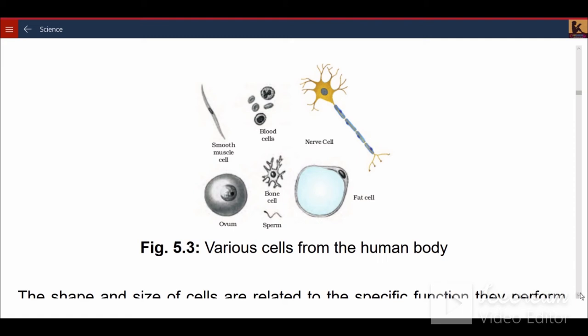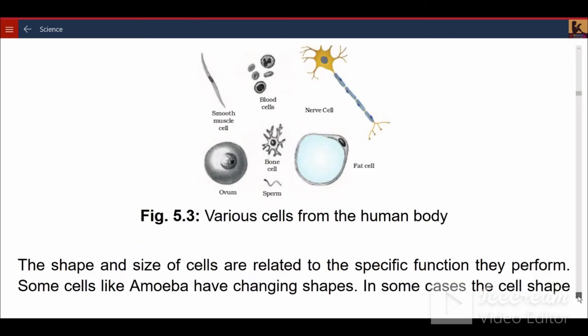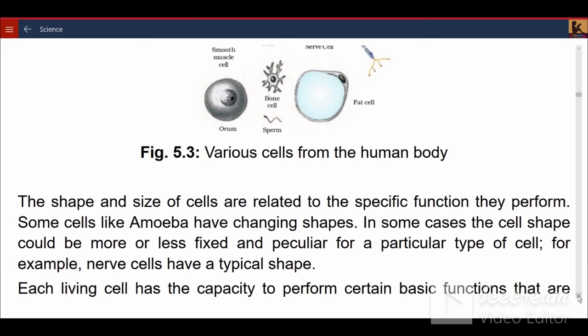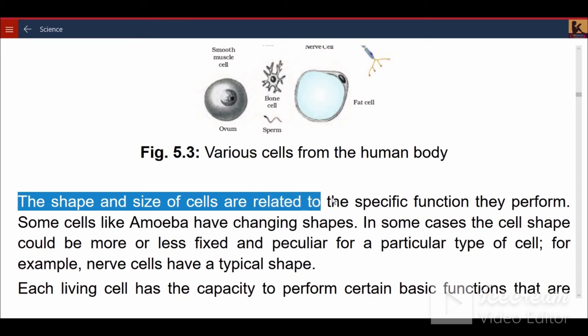Now, why are all cells not the same? Though we said that the onion, whether a large or a small bulb, has the same structure, the shape and size of the cell are related to the specific function that they perform. All the different types of cells have different functions, and because of their different functions, their shapes are also different.